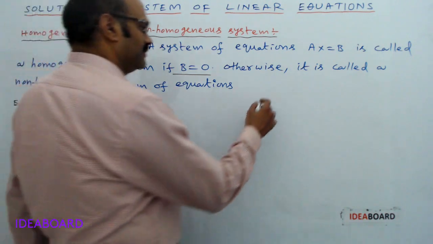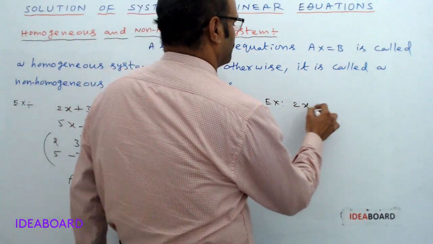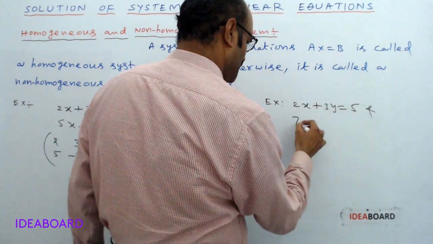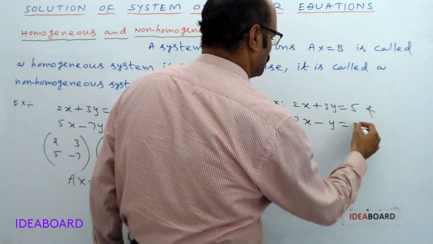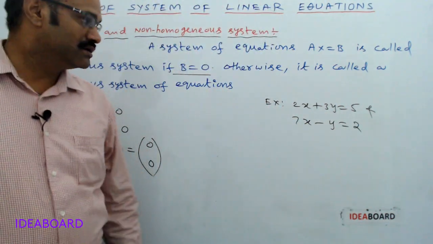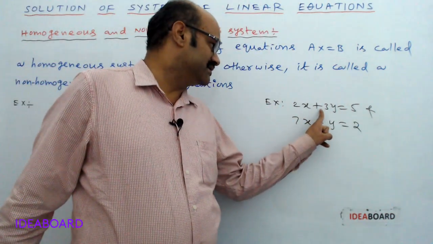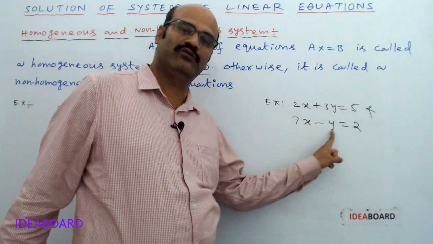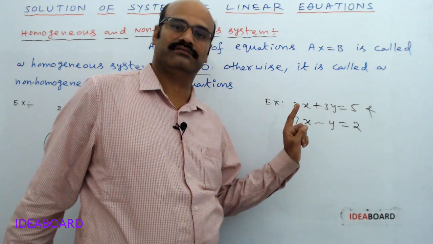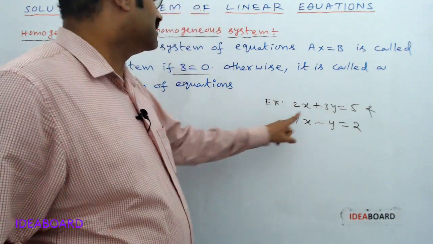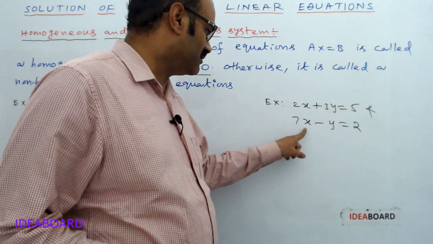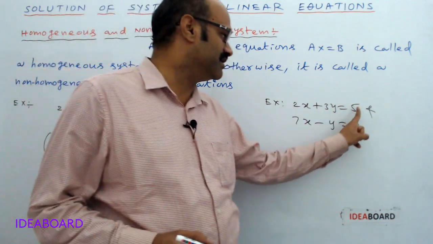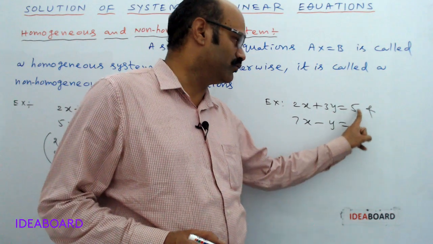For example, if you have 2x plus 3y equal to 5 and 7x minus y equal to 2, this is a system of linear equations in two variables, x and y. Now, this system is said to be non-homogeneous because here the matrix B is 5, 2.